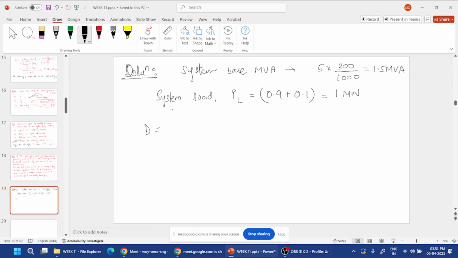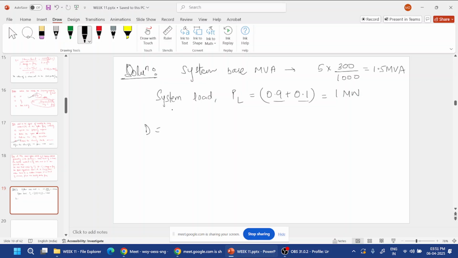There is a 5% change in the load. How much is the total load? We have a load of 0.9, but the system load we add 0.9 plus 0.1.